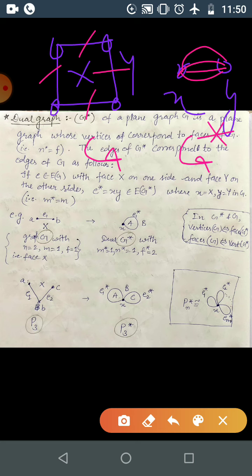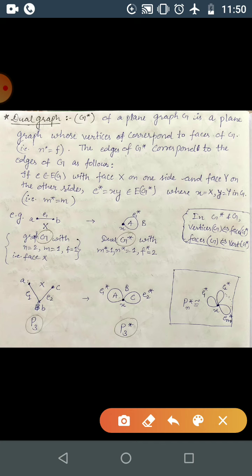Okay, and here 2 faces, so 2 vertices, so f becomes n here, and n becomes f here. So how many regions are there? Here 4 vertices, so here 4 regions. So 1, 2, 3, 4, and this is also a plane graph, correct?